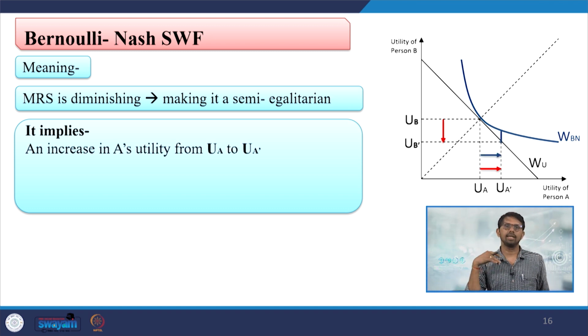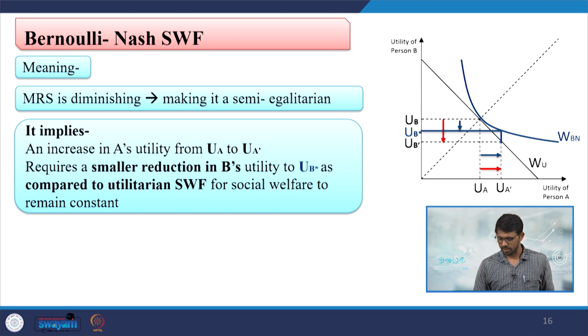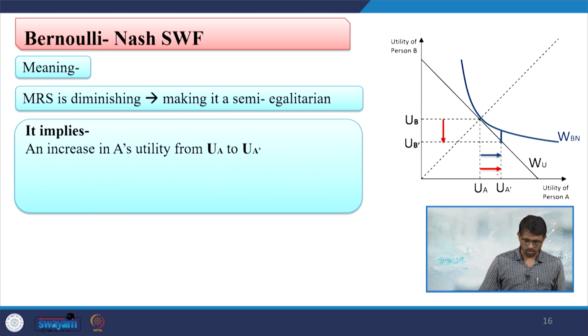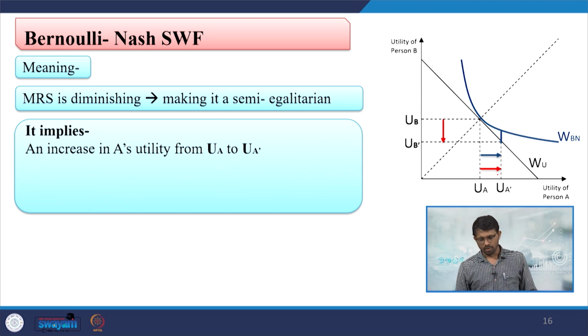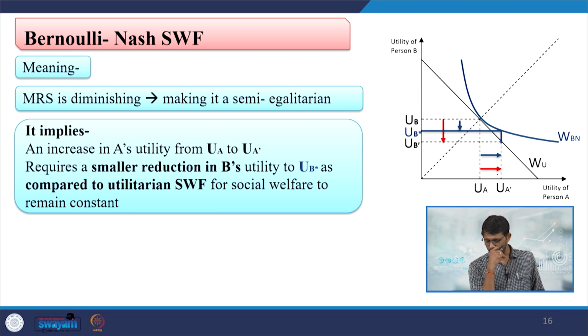This implies that an increase in A's utility, which is highlighted over here, from UA to UA prime, we could see that from the welfare function of the Bernoulli-Nash SWF, there is a compromise from another person's utility, and we will actually reach the maximum frontier.